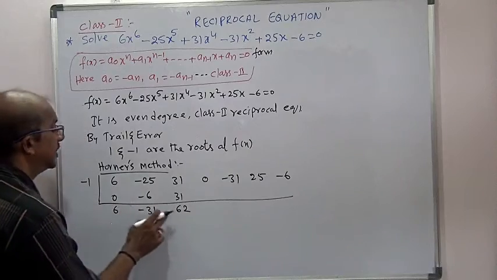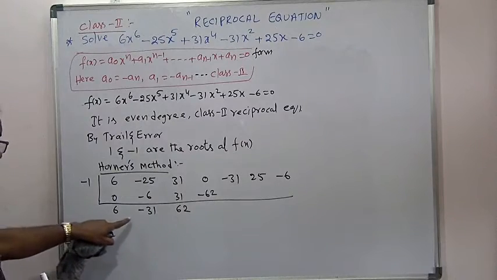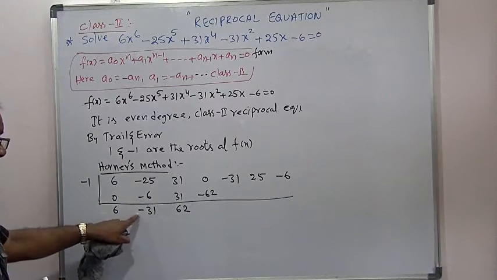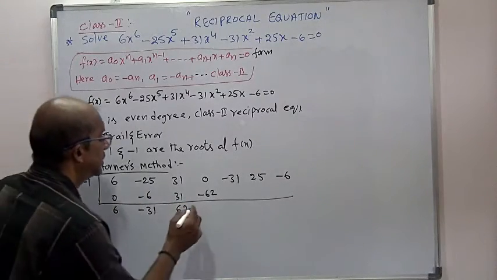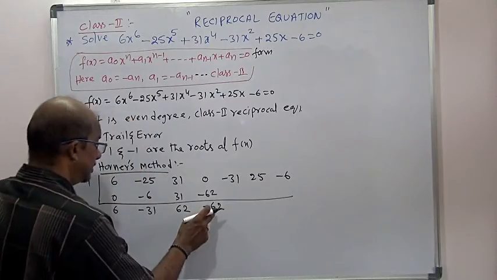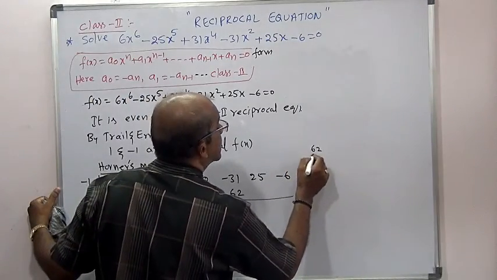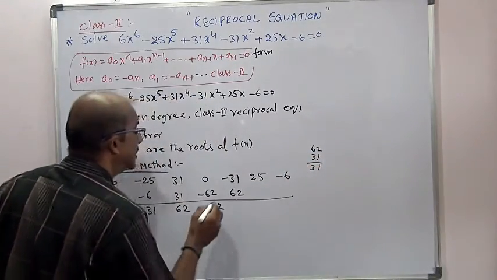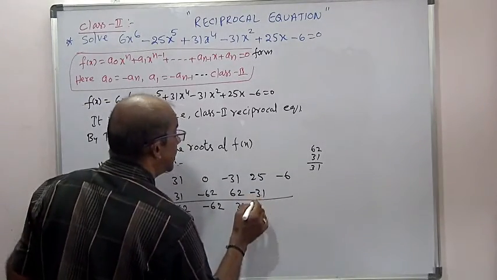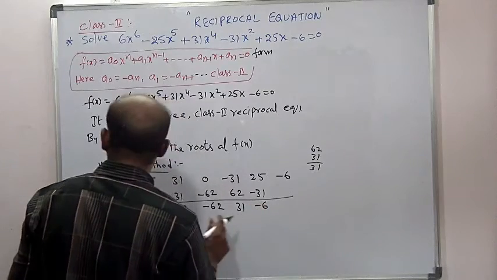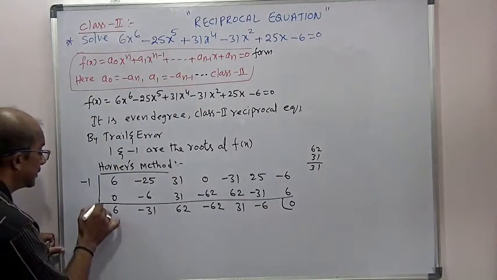So minus 1 into 62 is minus 62, minus 31 so plus 31, so 62, so minus 62. So here minus 62 plus 62, 62 minus 31, so plus 31, 31 into minus 1 is minus 31, so here minus 6, minus 6 into plus 6, so 0 again.